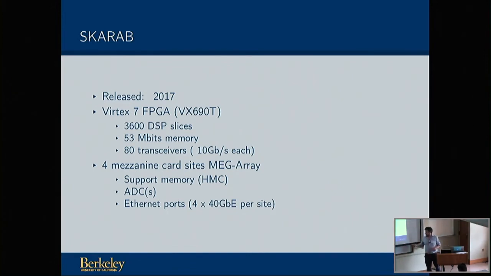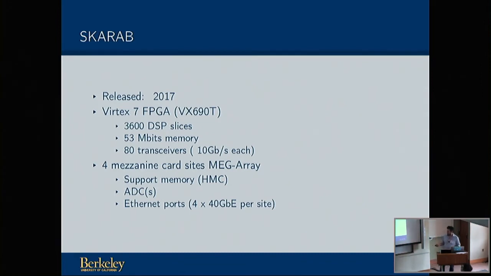SKARAB went the other way and basically supported 4 mezzanine cards, with one of these Mega-Array connectors, which is just a connector providing lots and lots of pins of interconnect. And onto those you can put your memory chips, which come on external cards, or your ADCs, or your Ethernet interconnects. So SKARAB is the board designed for MeerKAT.